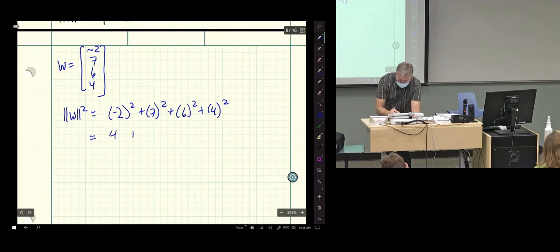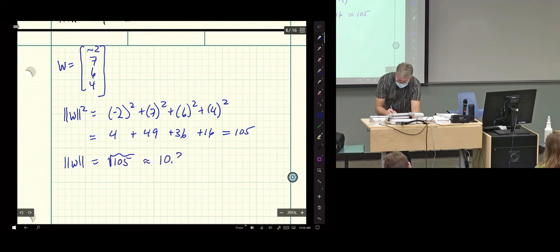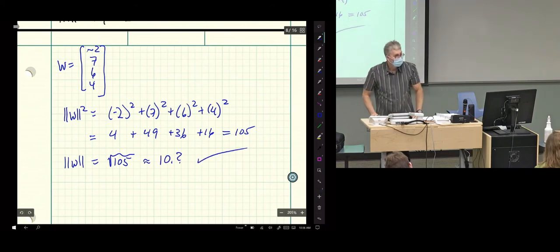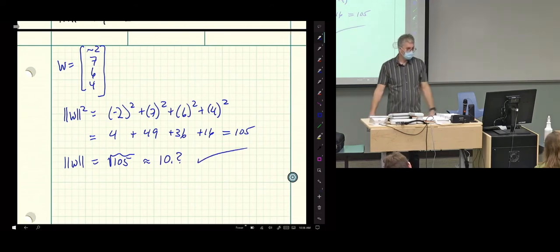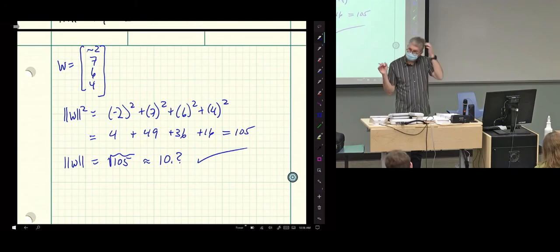So it's 4 plus 49 plus 36 plus 16. And I think that's 105. So the norm of w is the square root of 105. And that's like 10 point something, okay? So just get your calculator out. So that's how you calculate the length of a vector.